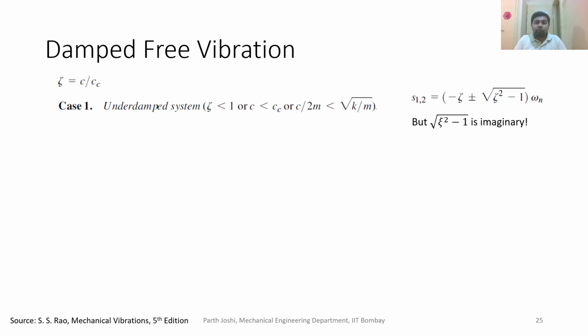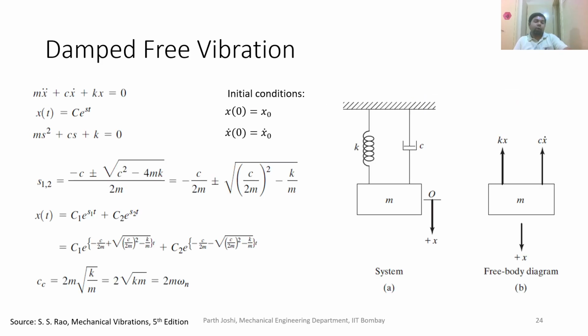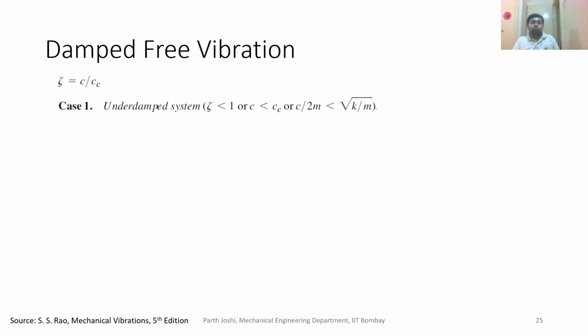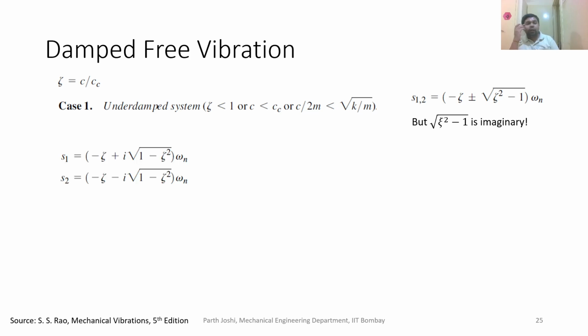So if we apply the same formula for calculating the two distinct real roots, we will find that the term inside the square root is imaginary, since it is the square root of a negative number. So then we write the solution in this form.